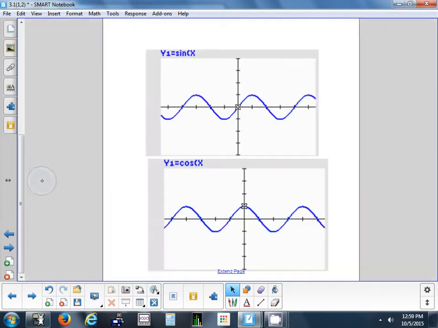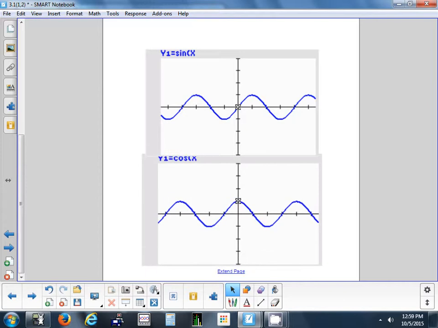Anybody see the difference between cosine and sine? It's the same basic shape, but how could you describe what's different here? Yeah, go ahead. The sine is more like wider, it seems. Wider? I can't really put them right on top of each other exactly, but if you were to measure, say, peak to peak here and peak to peak here, it would come out the same.